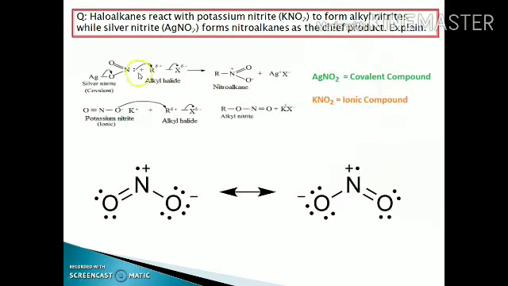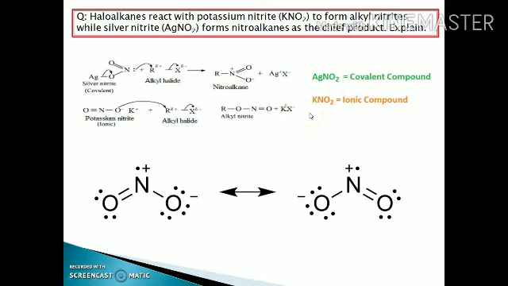Similarly, in case of potassium nitrite and silver nitrite, haloalkanes on reaction with potassium nitrite form the alkyl nitrite as a major product. But on reaction with silver nitrite, they will form the nitroalkanes as a major product. This is again due to the resonance structure. AgNO2 is a covalent compound and KNO2 is an ionic compound.